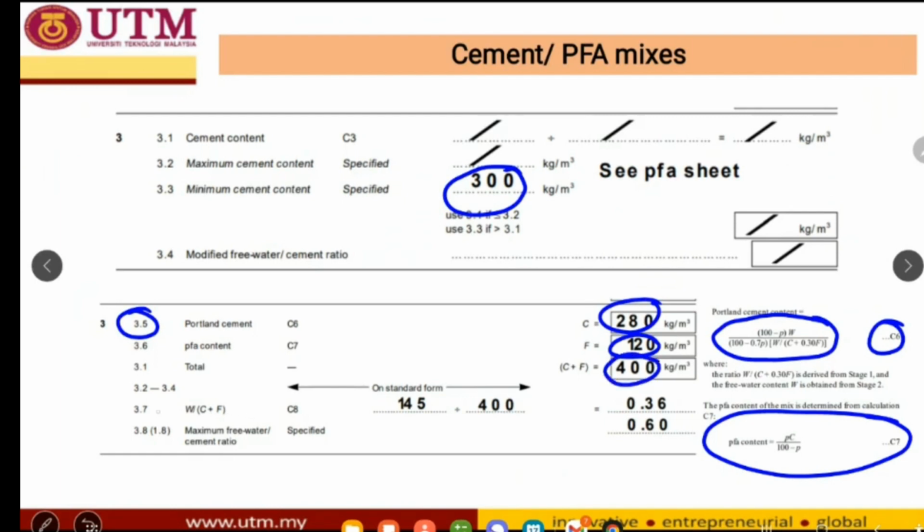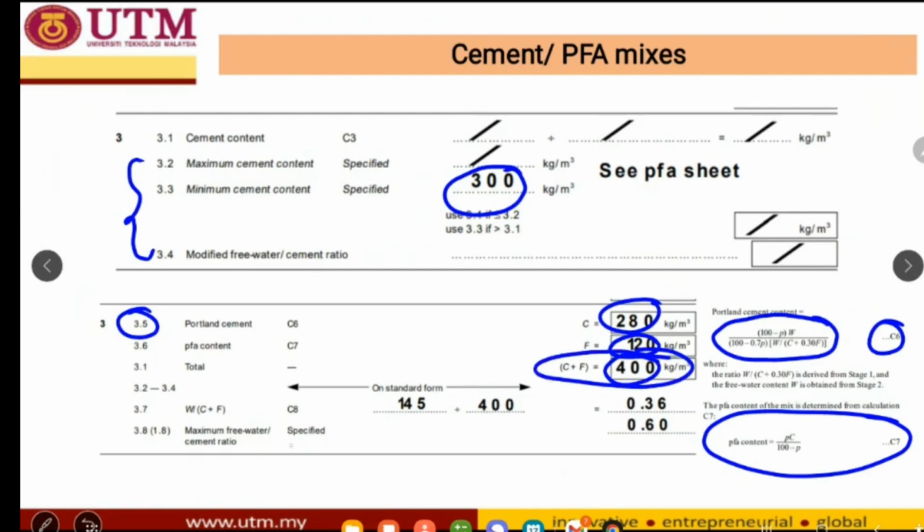Steps 3.2 to 3.4 are calculated in the basic DOE, where we have already included all those inputs. Then W divided by C plus F, where W is the water content from stage 2, divided by C plus F, which is 400, and you will get 0.36.